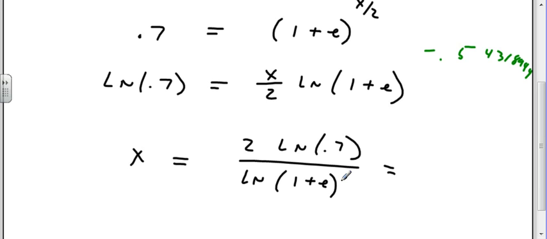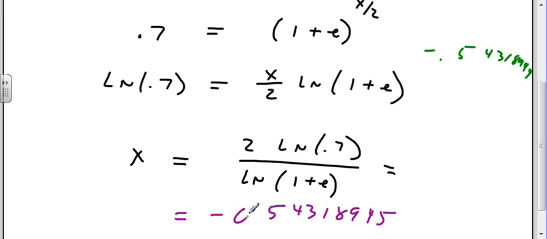Close parentheses, boom. And this answer becomes minus 0.5431895. Yeah, that's the same answer. Wow.